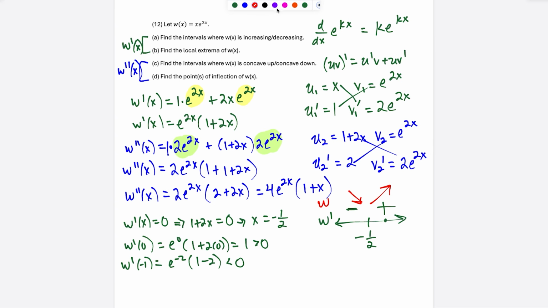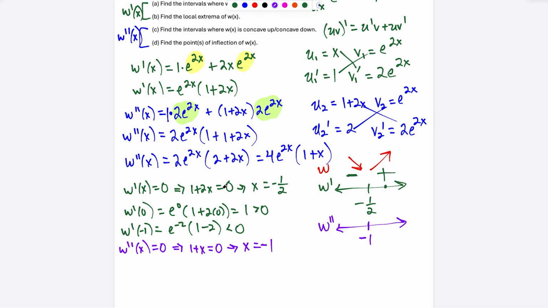What we could do all at once is make our sign chart for w double prime right under it. For w double prime, notice that w double prime is equal to 0 when 1 plus x equals 0, which tells us we have a root of x equals -1. For this sign chart, we're going to be seeing what's going on on the left and right side of -1.